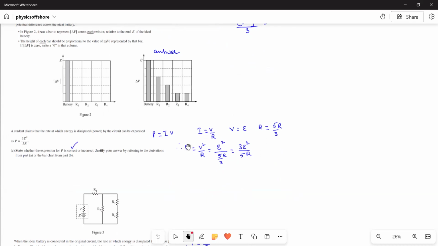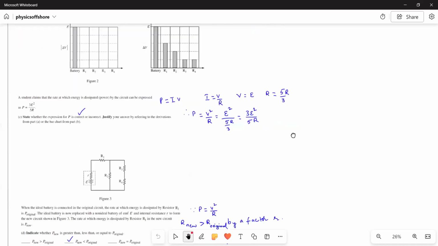Therefore, P is equal to V square over R, because I is equal to V by R. Here V is E, therefore E square over 5 by 3 R. Therefore, 3E square by 5R is the power of the circuit, which is correct. This is what the student gave. Therefore, his answer is correct.